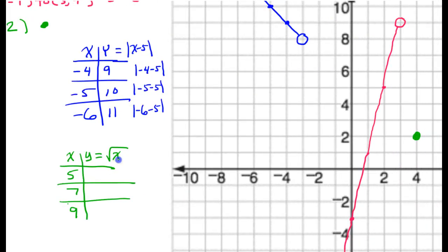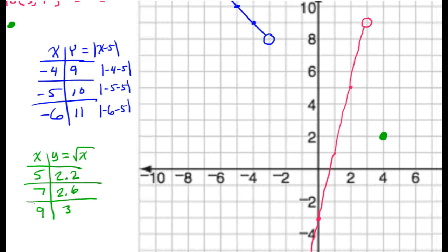Okay, now the square root of 5 is 2.2. All right, how about the square root of 7? That's 2.6. And then, of course, the square root of 9 is 3. So these points are all very close together.